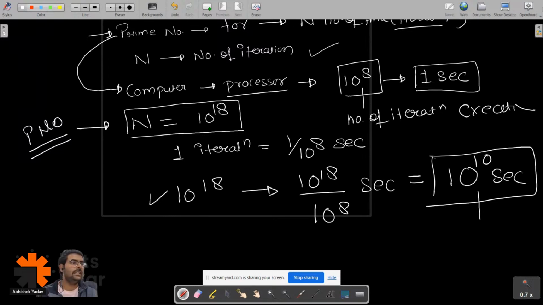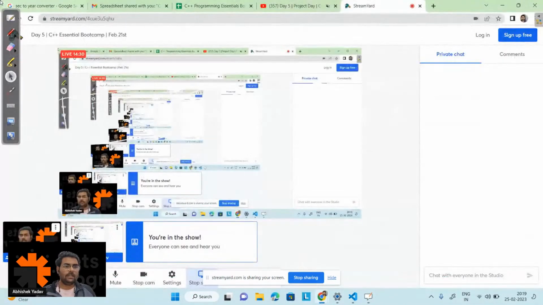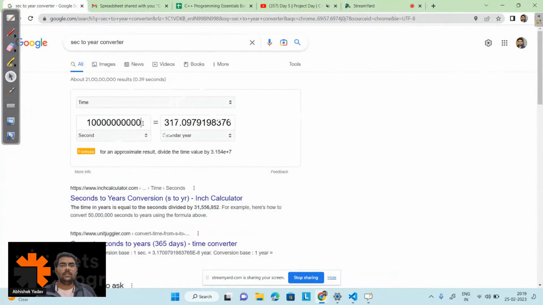So let's see one thing here. I have opened this part here. If I have to check 10 to the power 8 seconds is how many days, guys? Anyone? 10 to the power 8 is how many days? Let's see here.